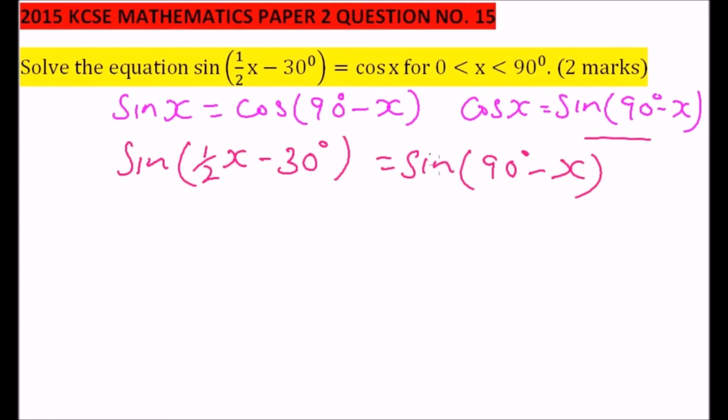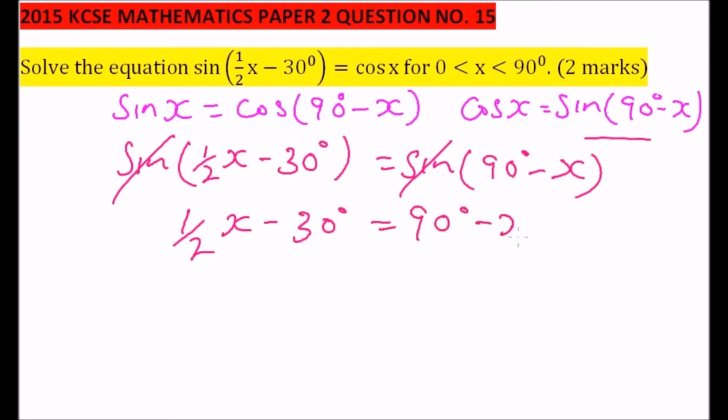So when you get the sine inverse of this, sine goes, and therefore our half x minus 30 degrees is equals to 90 degrees minus x. We take x to the other side, it becomes positive, and this goes to the other side, becomes negative.